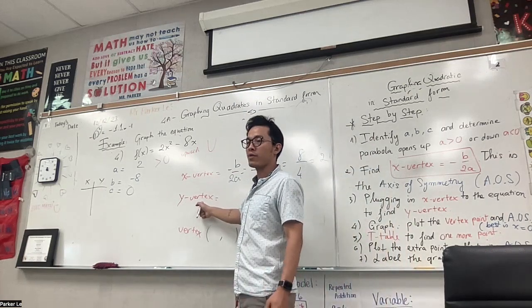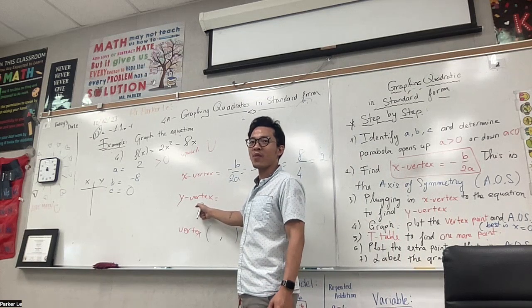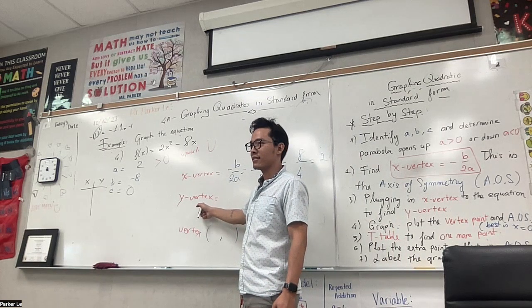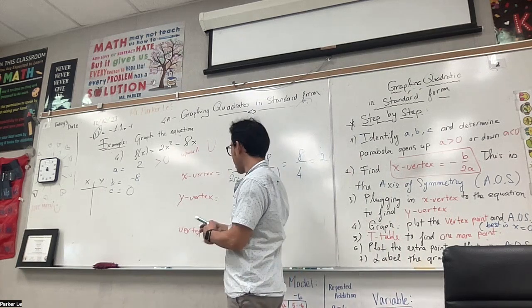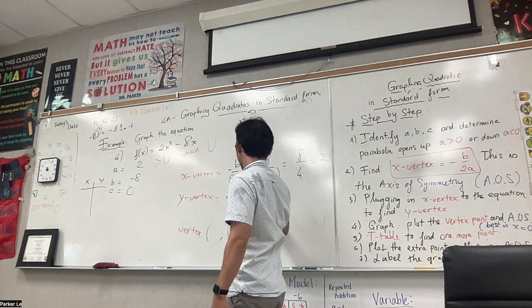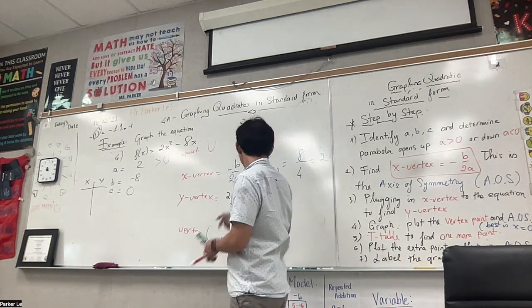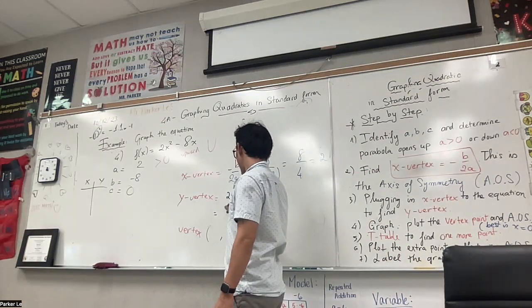How do you find Y? You plug it into the equation. So I plug it into here. 2 squared is 4.